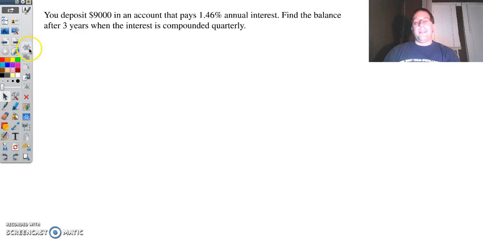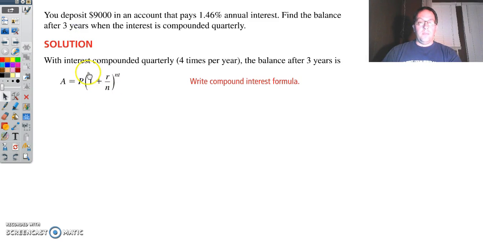You deposit $9,000 in an account that pays 1.46% annual interest, which is huge for a bank account. Find the balance after 3 years if the interest is compounded quarterly. So we're going to take our equation. A is what we're looking for. P is the principal, that's the $9,000. R is the interest rate, 1.46%, which we have to write as a decimal, so 0.0146.